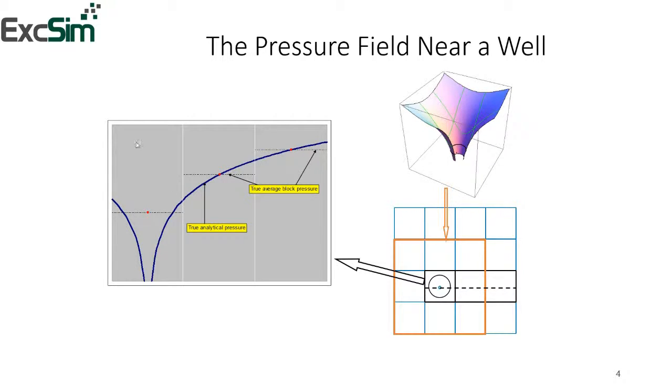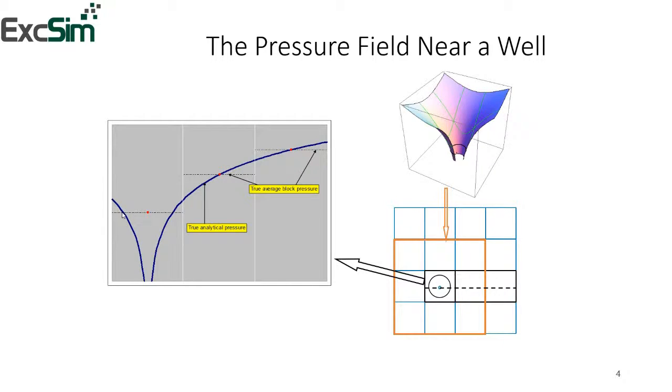And this plot shows the pressure along this dashed line through the 1, 2, 3 grid blocks: the well block, the neighboring grid block, and the next grid block beyond that.